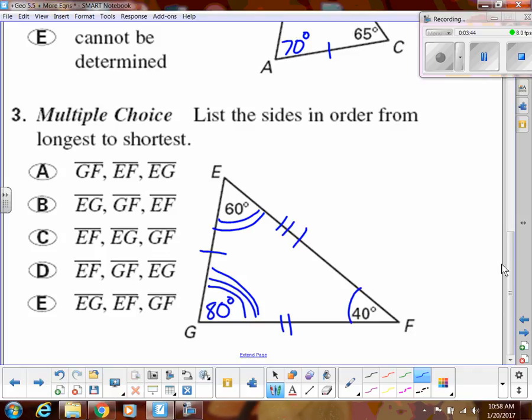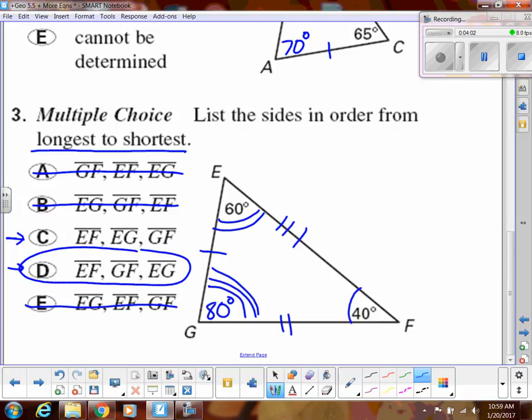Oh no, we're going from longest to shortest. My bad. All right, so EF should be first. So that would be these two. So these are not in the running anymore. The medium is GF, so that would be this one. And then EG is the smallest.